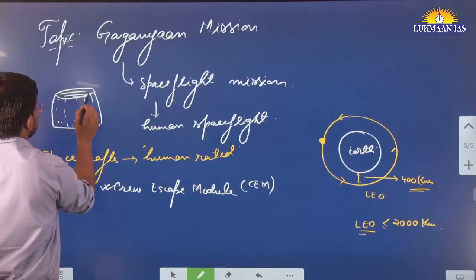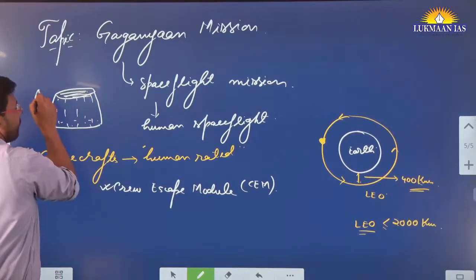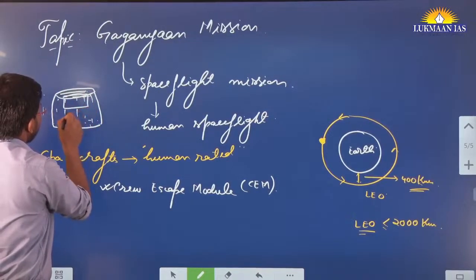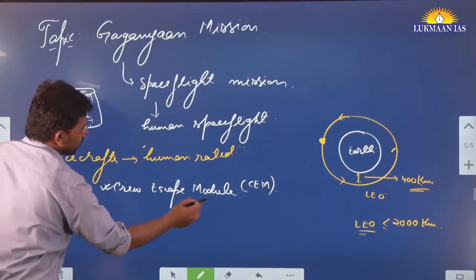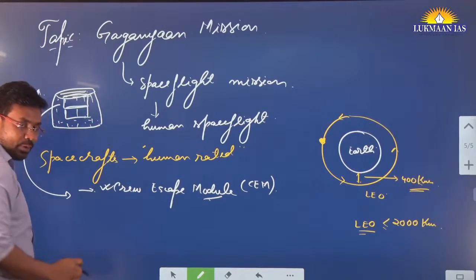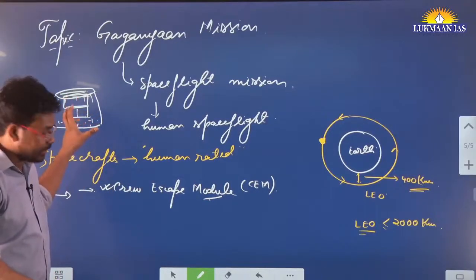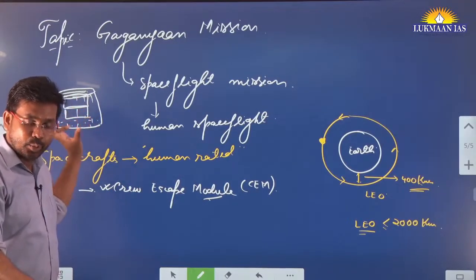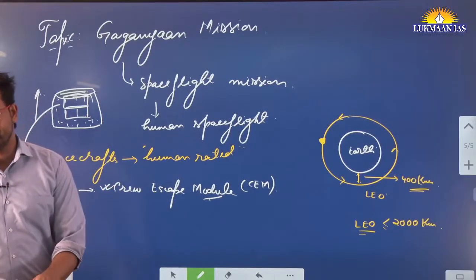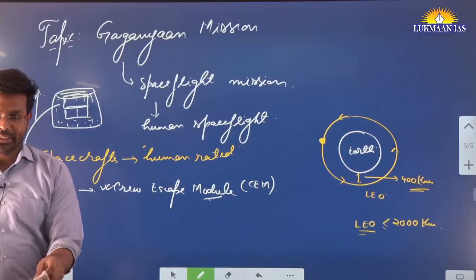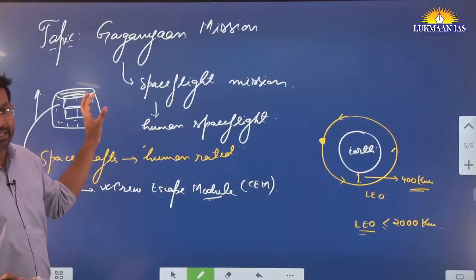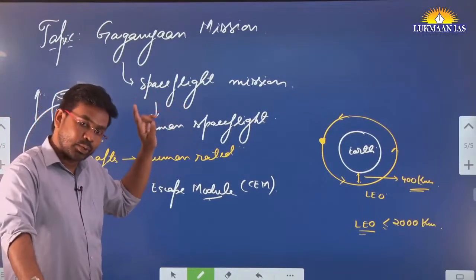This has a crew module, and then it has a crew escape module also, to allow the people to escape if some mishap happens. So they are doing a test which is known as pad abort test. Before they actually send human beings, they are going to send only the rocket, a similar rocket, where they are going to do the testing.